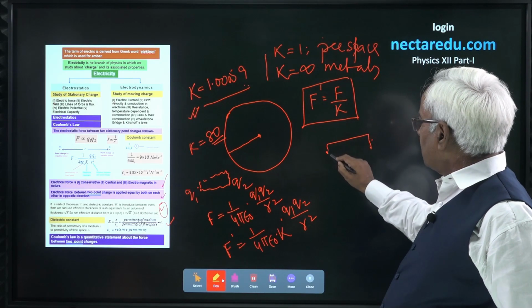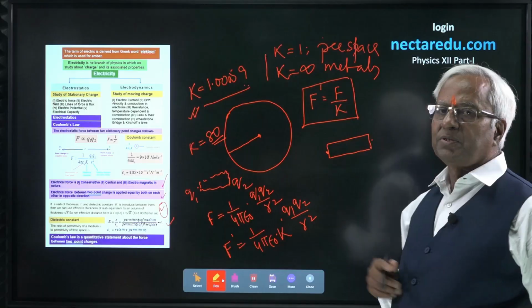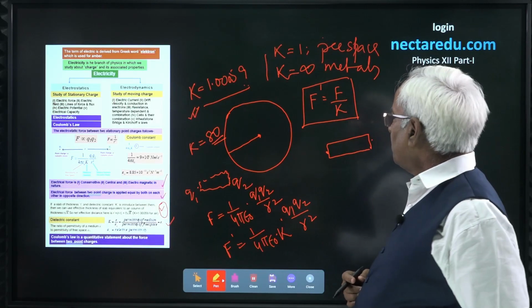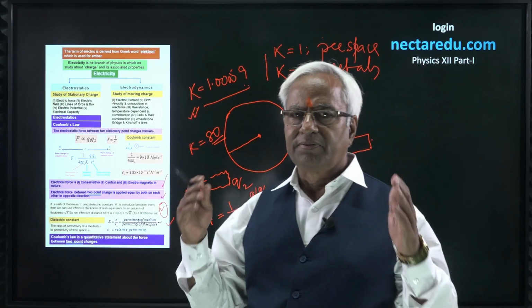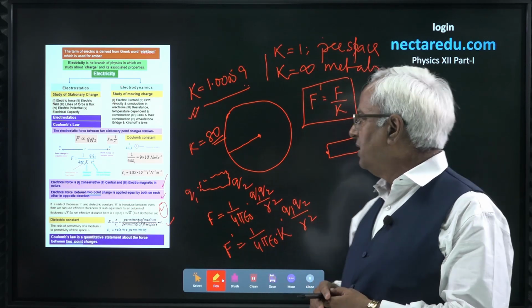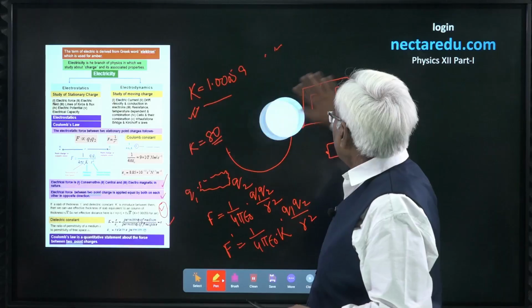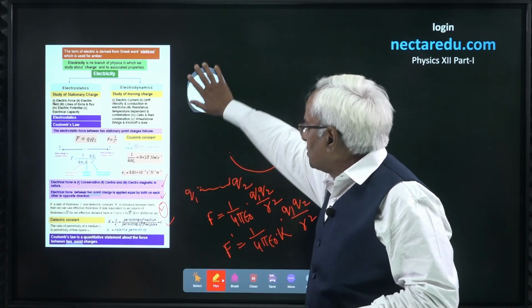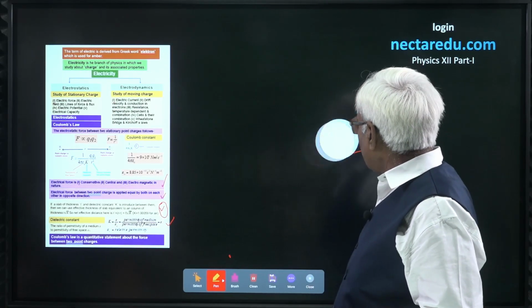Two cases we have covered. One is free space between the two charges. The other is when it is fully inserted by some dielectric slab, some insulator. Now the third case is partial introduction of some medium between the two charges.